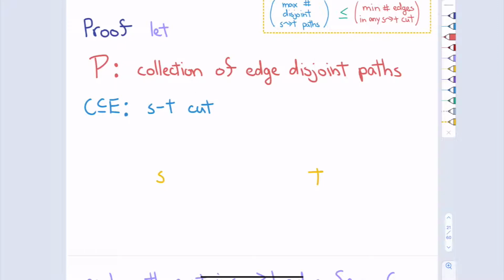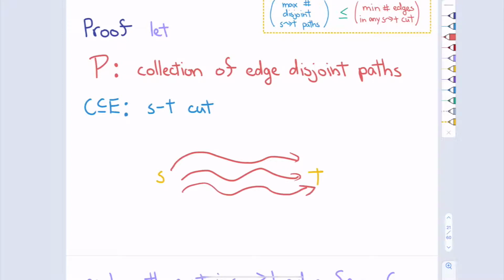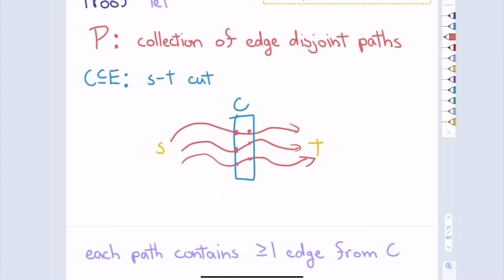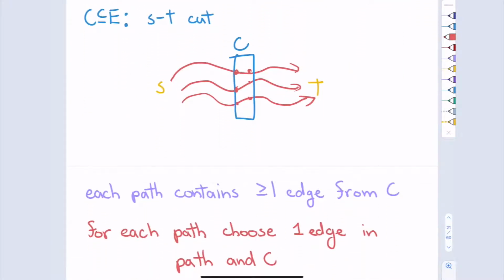Okay. So if you gave me a collection of s to t paths, and we had some set of edges that we were removing, all right, what do we know? Again, this should be intuitive, we're just formalizing our discussion.